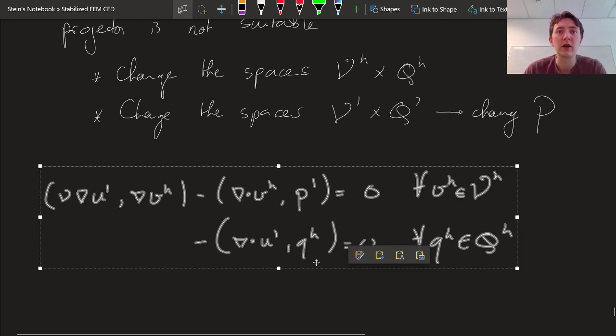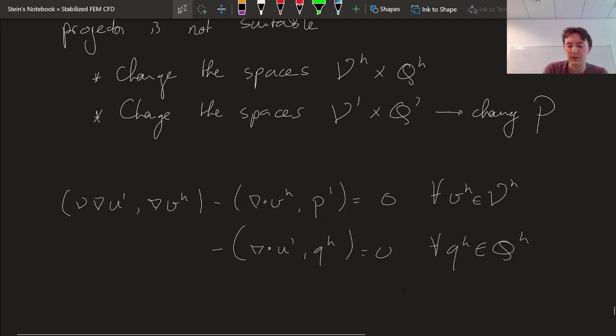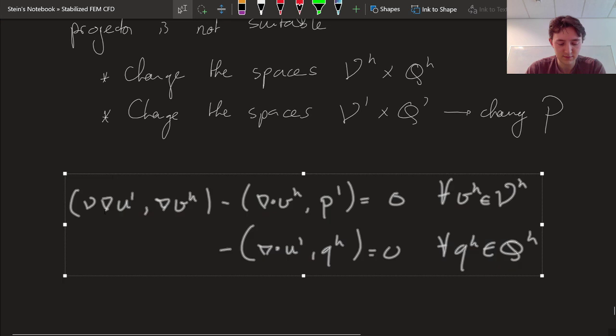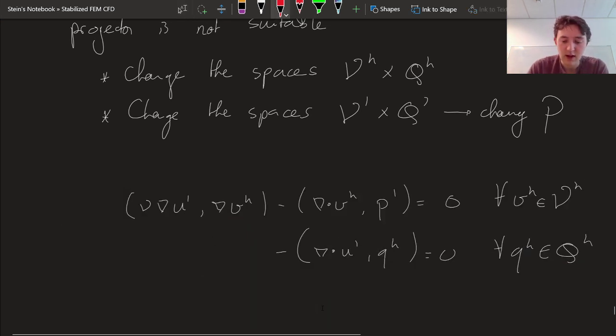And I'll add a weighting both on the velocity and on the pressure. And since we know that L2 weighting was not particularly beneficial, because this would introduce oscillations near sharp layers, what we're going to do instead is add weighting on derivative quantities.